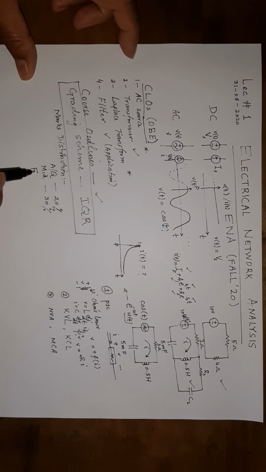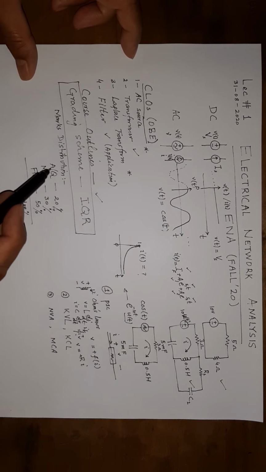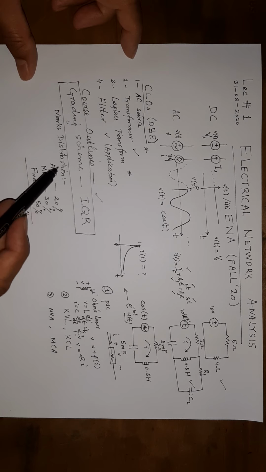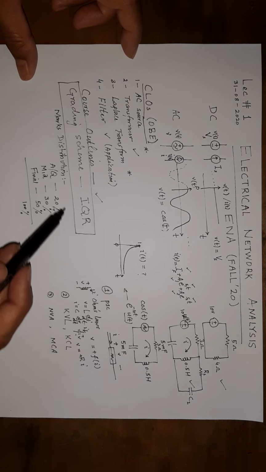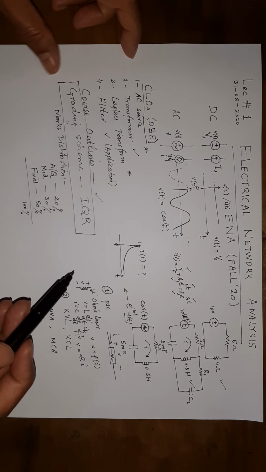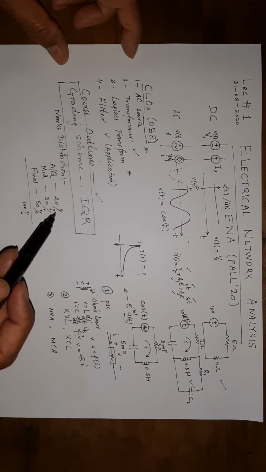And the final exam is going to contribute 50%, as is required by the Pakistan Engineering Council. This is a breakdown of the total marks in the course. How much the assignments would weigh and how much the quizzes would weigh is something I am going to describe later.